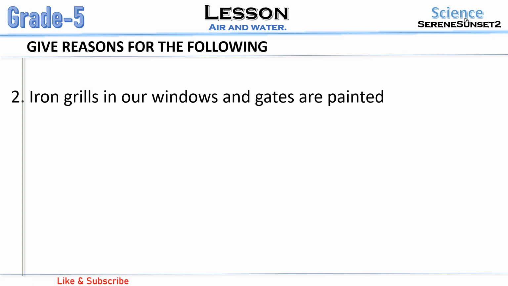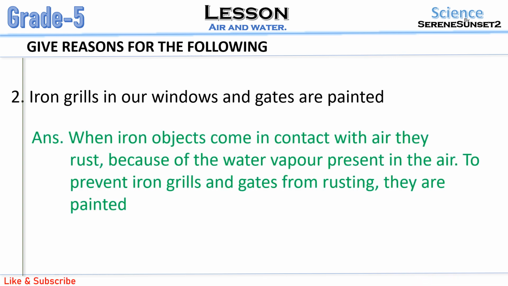Iron grills in our windows and gates are painted. Let's have a look at the answer. When iron objects come in contact with air, they rust because of the water vapor present in the air.